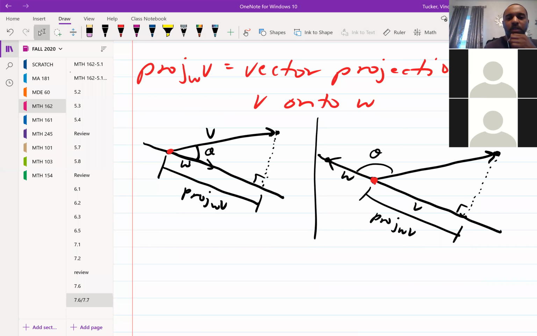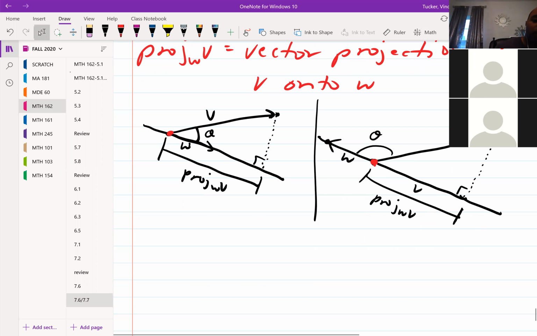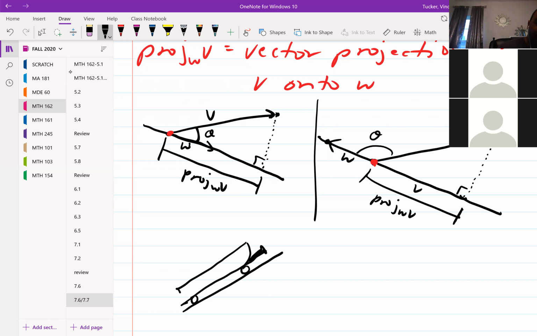All right, so we're talking about a projection of V onto W. You see what vector they're actually doing the measurement on and the force. So a better diagram is if we were looking at, let's see, a boat. Let's see if I can draw this to make it look halfway decent. It's kind of like a boat, right?